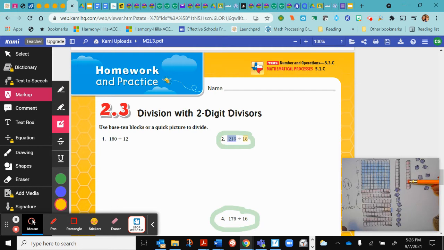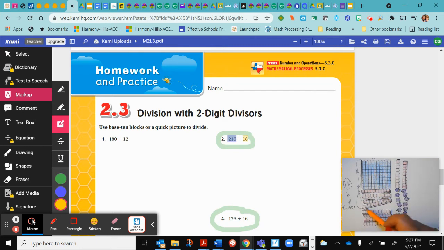And this is 10, 11, 12, 13, 14, 15, 16, 17, and 18. So how many groups will we be able to create after we organize this section here?